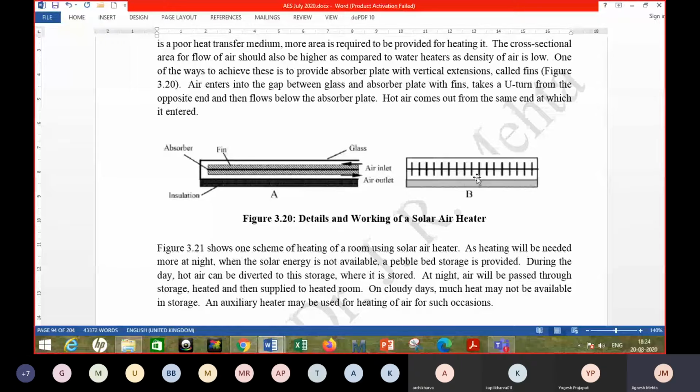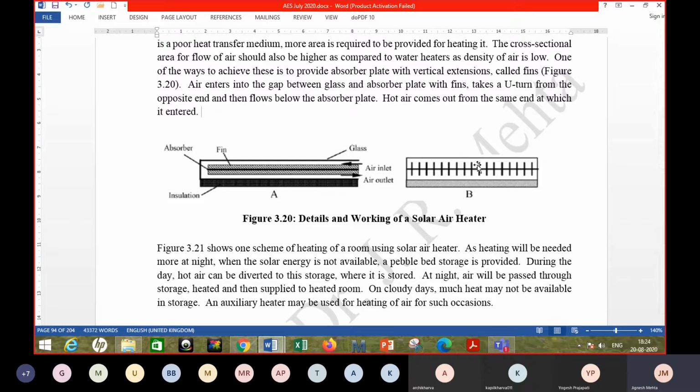Because the air has high specific volume, you don't want to go beyond certain velocities, otherwise the pressure drops will be unaffordable. So you want to limit the velocity, and that is the reason why somewhat larger size passages would be provided for air.